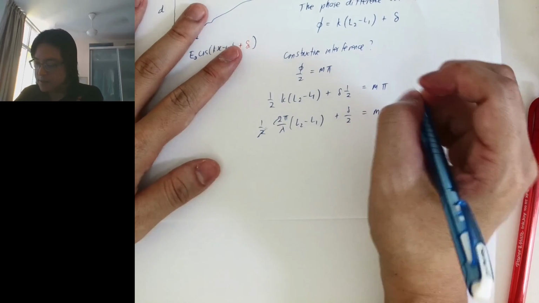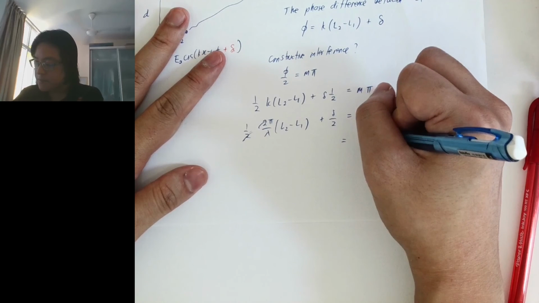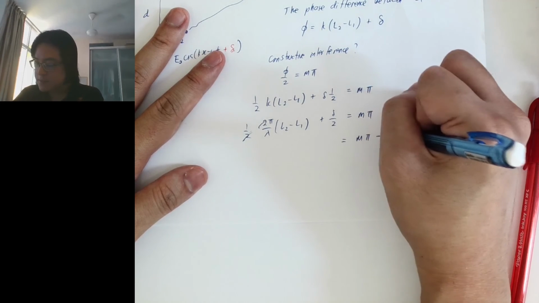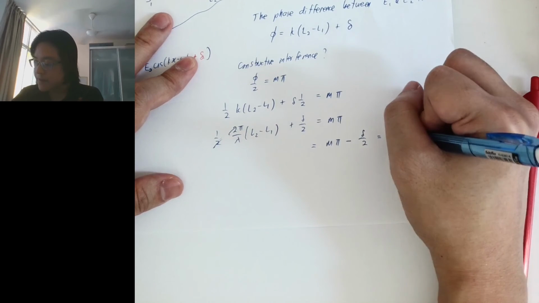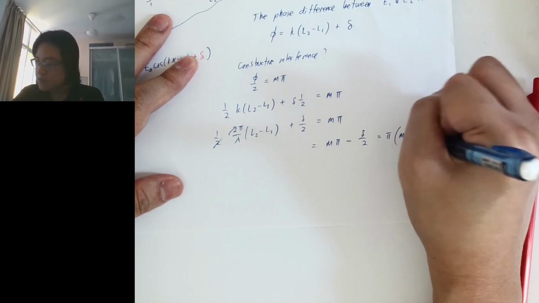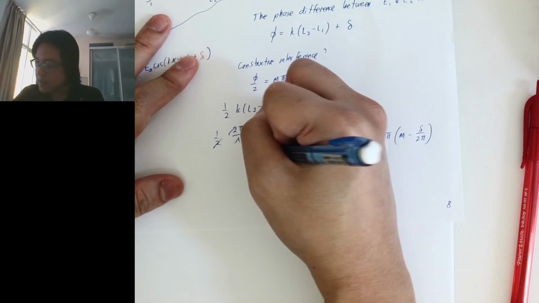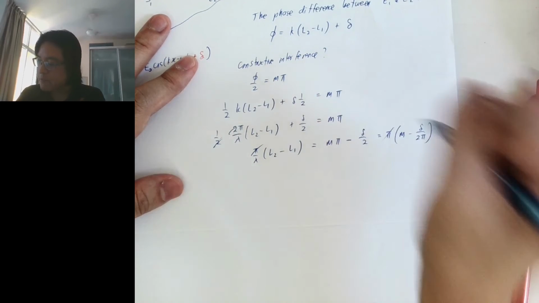I can bring this to the other side, so I get m pi minus delta over 2, and let me take out the factor of pi. So pi times (m − delta over 2 pi), and on the right-hand side I get pi over lambda times (L2 − L1). Now I can cancel the pi everywhere.